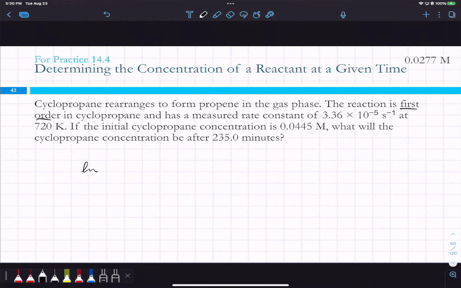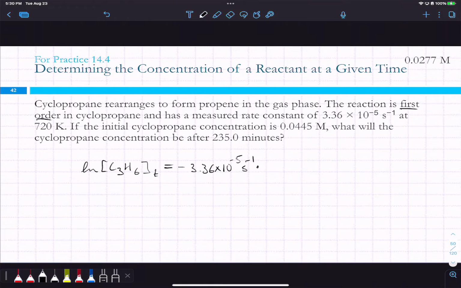Yeah, natural log of the concentration of cyclopropane, C3H6, at time t is going to be equal to negative. Yeah, we can just plug the numbers in here. So this will be 3.36 times 10 to the negative 5 inverse seconds times our time.